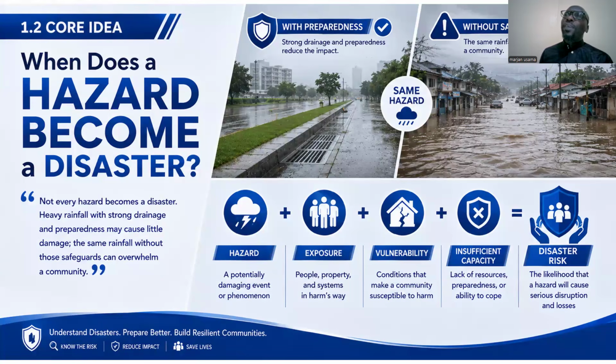But for us in the developing countries, when something strikes us, we don't have resources, we don't have competent people in the disaster management organizations and offices. So hazard plus exposure plus vulnerability plus insufficient capacity leads to a disaster. A disaster is caused by these 4 items together.